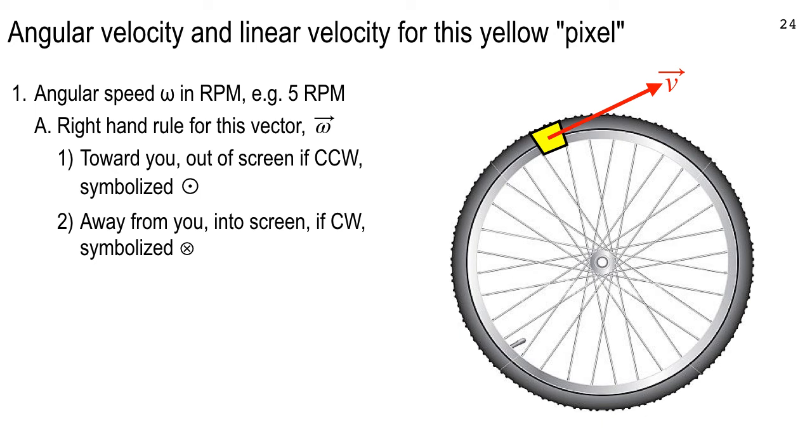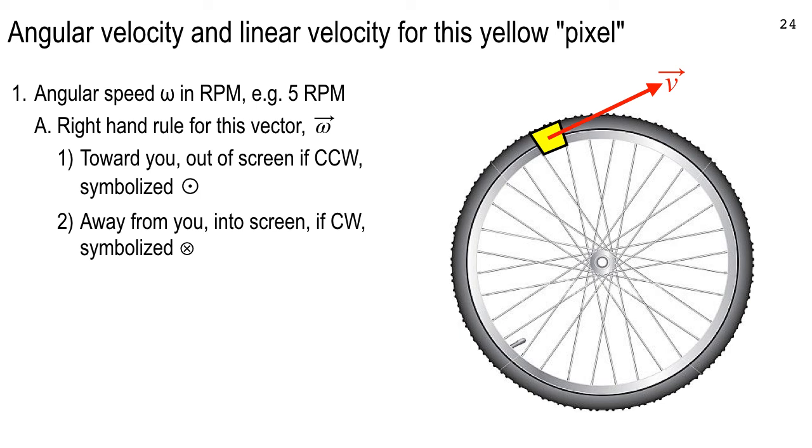My right hand. You can do the same thing with your right hand. If you curve it in a clockwise manner like that, your thumb will go in. That's the only direction it'll go. Now, if we were going counterclockwise, I'd have to turn around like this. See where my hand is? Counterclockwise, my fingers would have to curve like that, and then my thumb points out of the screen.